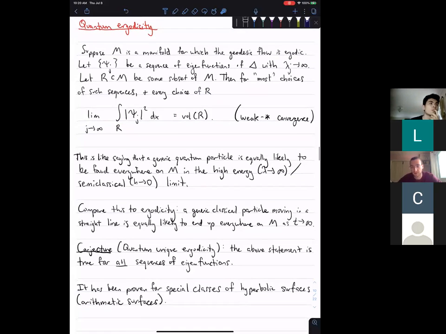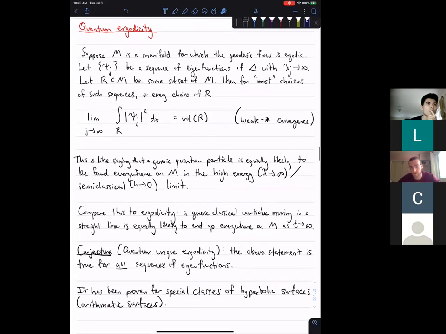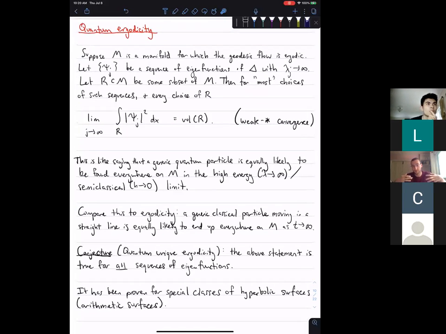And maybe I'll just mention in passing that in mathematics, this is a statement about convergence of measures, but there are lots of topologies on the space of measures, and this is what's called weak star convergence of measures.